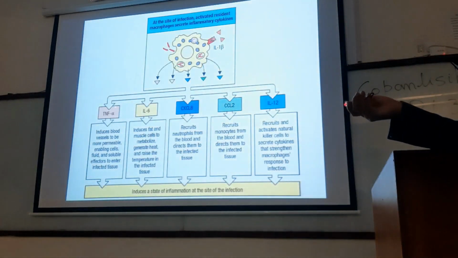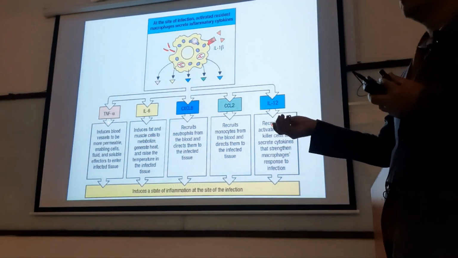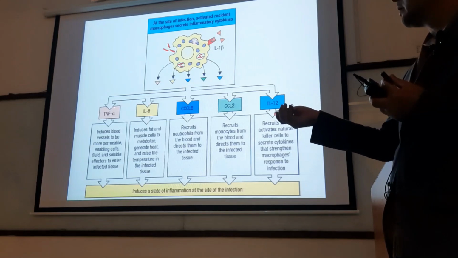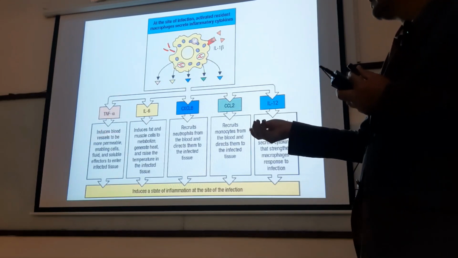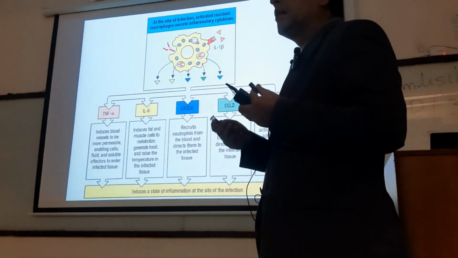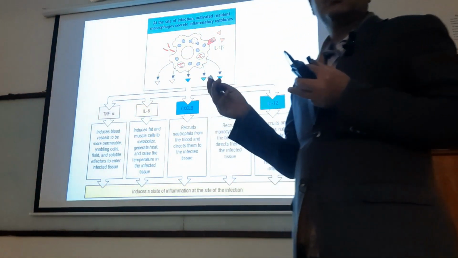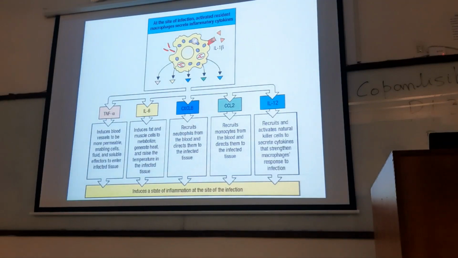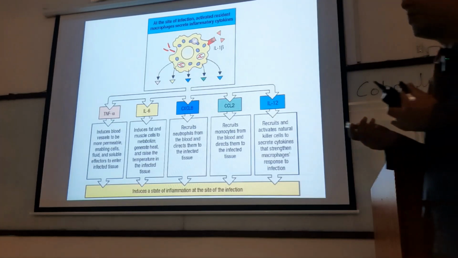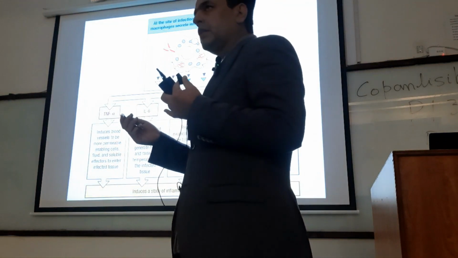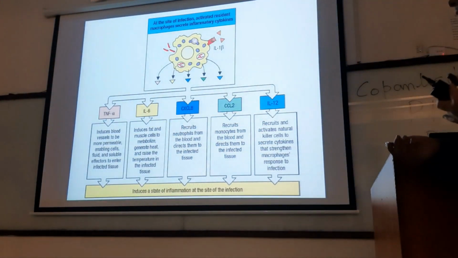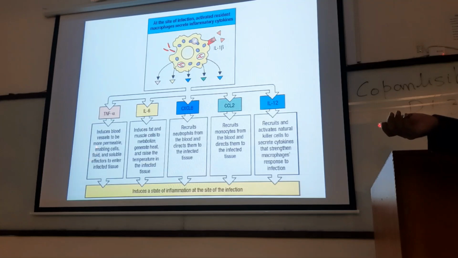Okay. What is the tumor necrosis factor alpha going to do when the macrophage secretes it? It induces blood vessels to be more permeable. We talked about blood vessel permeability, how the blood vessel is going to give way to the cells of the immune system and products of the immune system to come out of the vessels into the surrounding tissues, enabling cells, fluids, and soluble effectors to enter infected tissues.